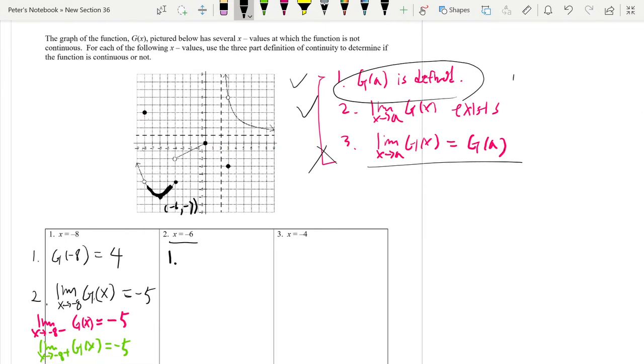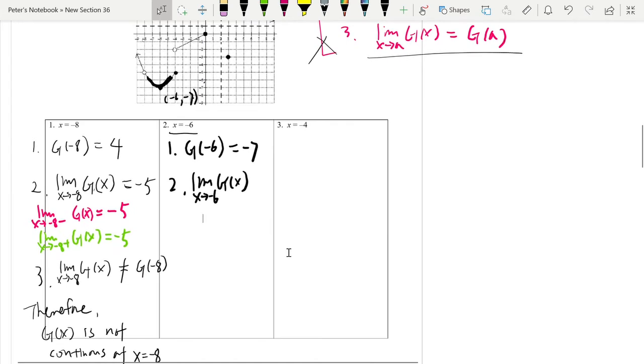So here, using the definition, first of all, g of negative 6 is equal to negative 7. Second portion, limit of g of x as x approaches negative 6. What is that going to equal? Left-hand side limit goes to negative 7.